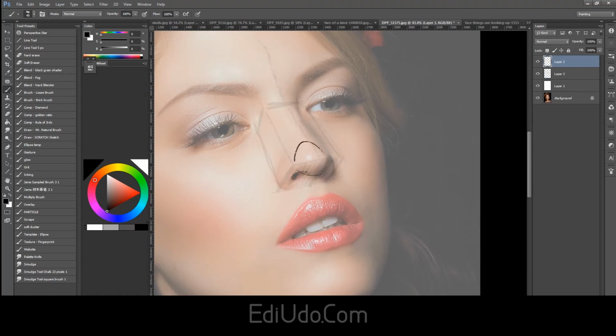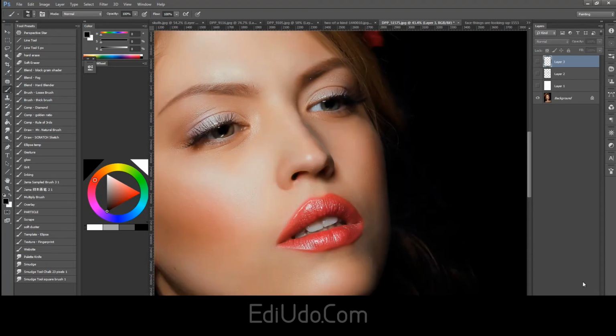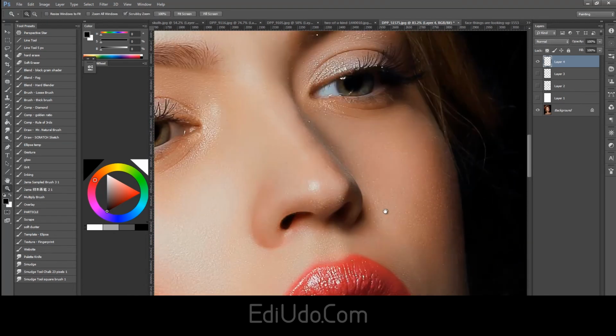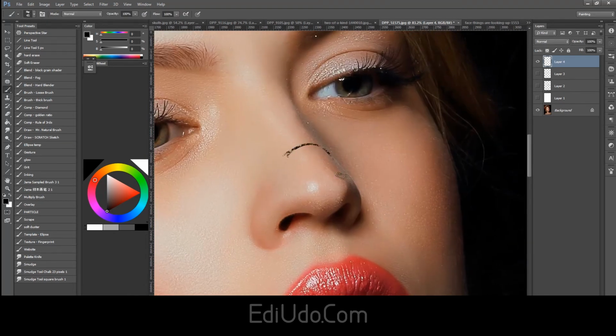So again, you see the ball, the nose, ball there, just bring that up. Right, one ball, another ball, and then we connect the nostril underneath.